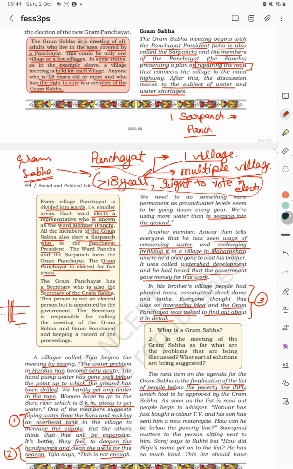This person is not elected but is appointed by the government, and he is responsible for calling the meetings of the Gram Sabha and Gram Panchayat and keeping a record of the proceedings, to ensure their smooth functioning.